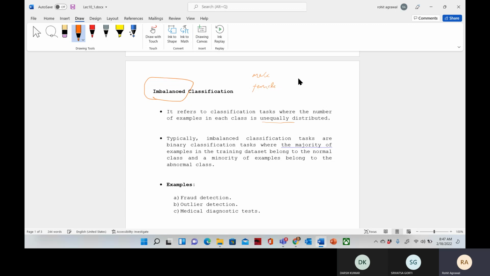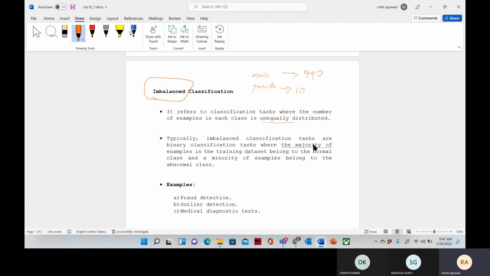But there may be a case where 990 males gave the survey and only 10 females. So you can say this is an imbalance. Classification where the number of examples in each class is unequally distributed. Clear?